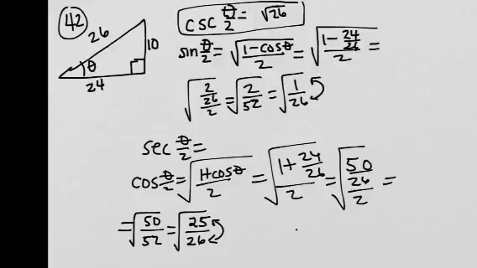Because I'm not looking for cosine, I'm actually looking for secant. So when you do that, you end up with square root of 26 in the numerator and square root of 25 in the denominator, but then that gives you 5. So that's the answer for that one.